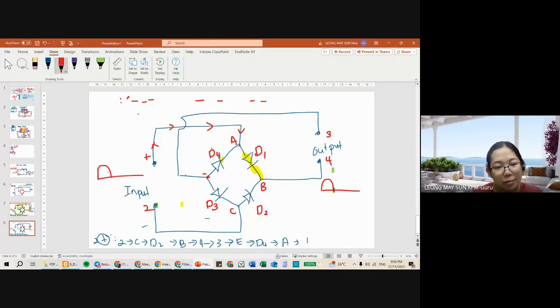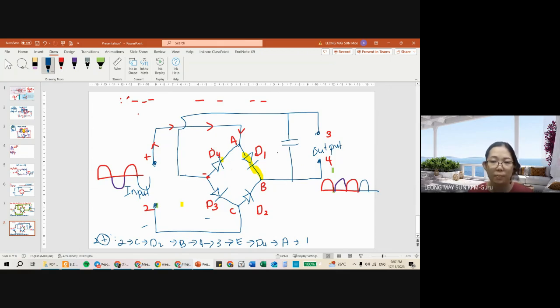All right. So when the input is positive, the output will be positive. And when the input is negative, the output for a full wave rectification is positive again. So again, positive input, positive output, negative input, it gets flipped up to become positive output. But right now, it is going on and off, on and off, on and off like that. So what they do is they take a capacitor and put it parallel to the output.